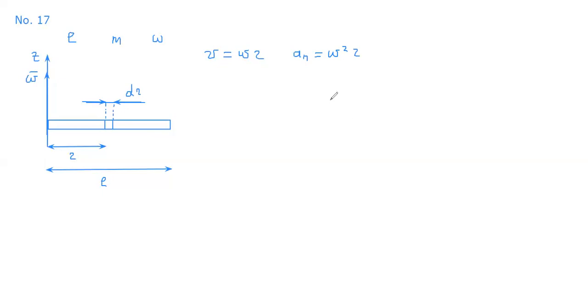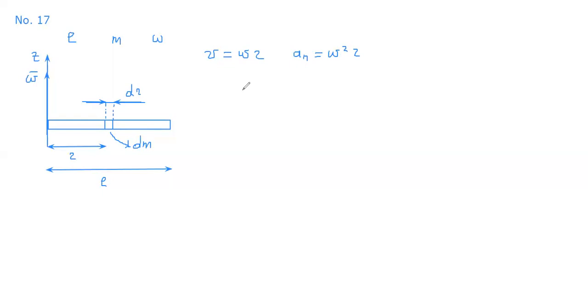And according to the second Newton's law, we have mass dm. This infinitely small part of the rod has mass dm.